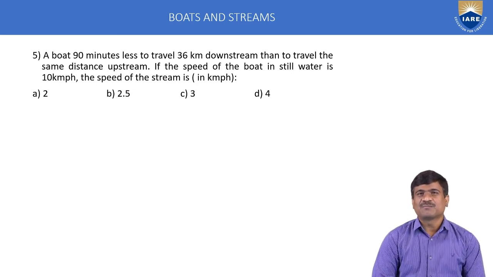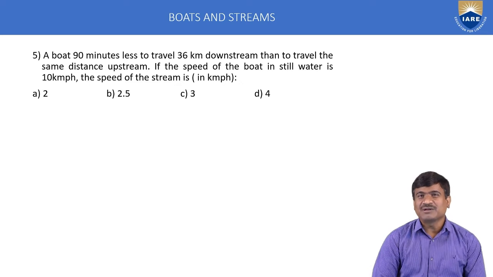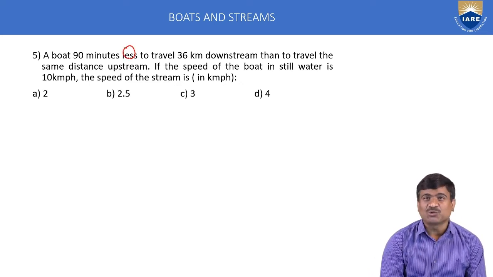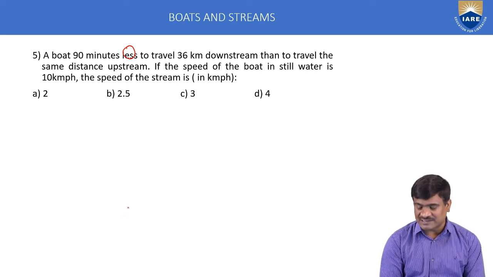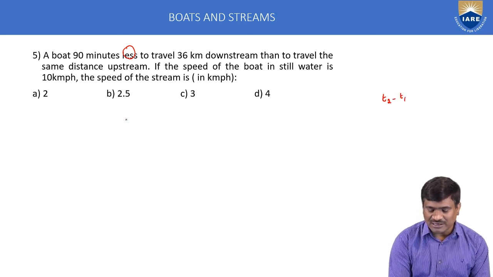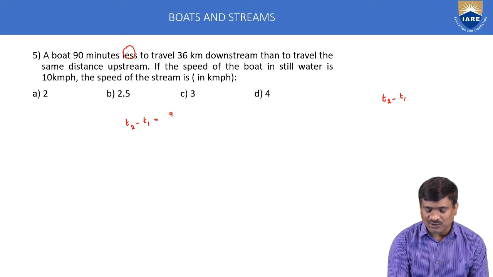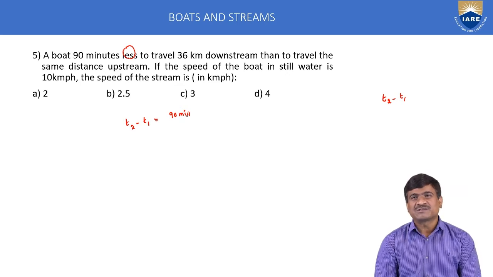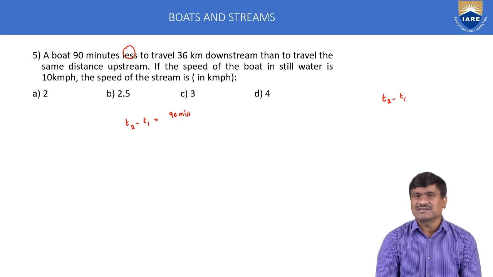In the fifth example, a boat takes 90 minutes less to travel. Less means a difference, that is T2 minus T1. That statement is clearly given: T2 minus T1 is equal to 90 minutes. That is called the first statement. Next, 36 kilometers downstream, then to travel the same distance.